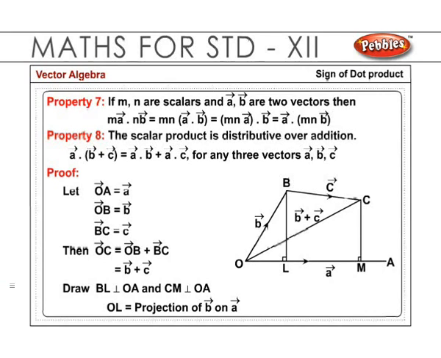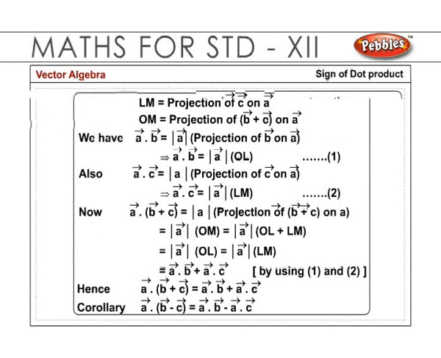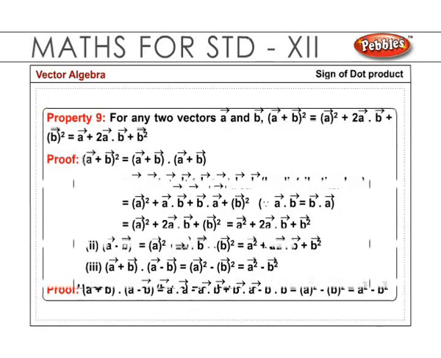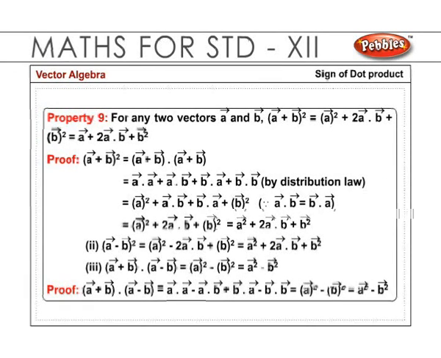A dot (B plus C) is equal to A dot B plus A dot C for any three vectors A, B, C as shown above. Property 9. For any two vectors A and B, (A plus B) whole squared is equal to A squared plus 2 A dot B plus B squared, as shown on the screen.